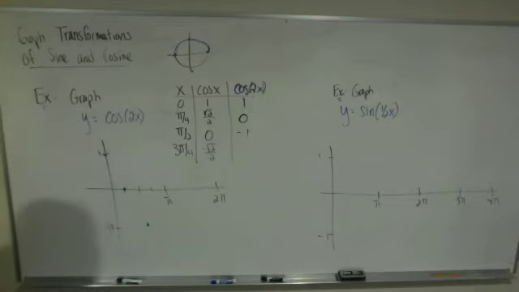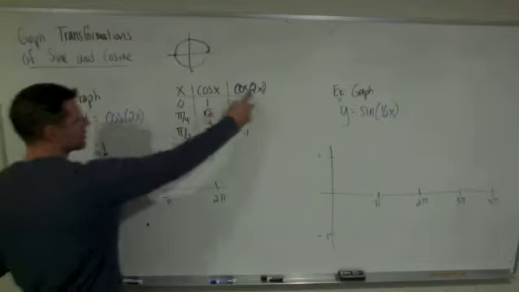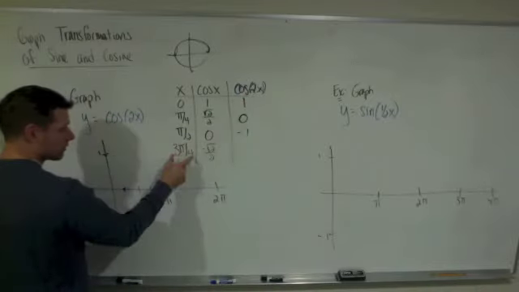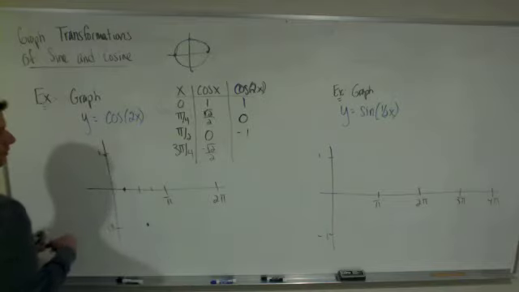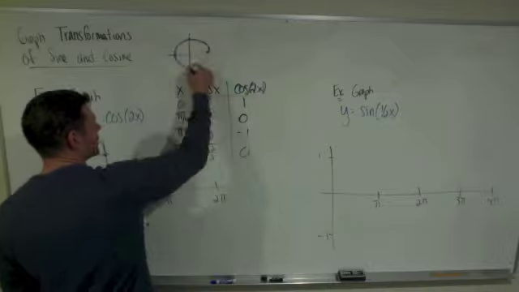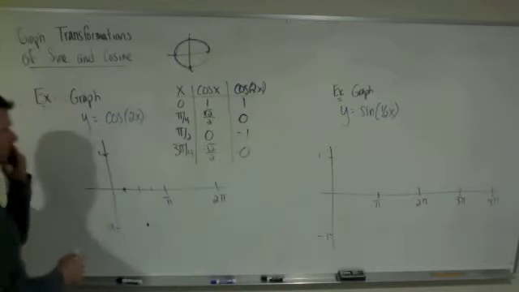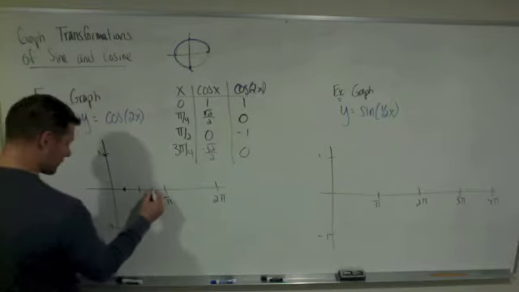But if I do 2 times 3 pi over 4, that is 3 pi over 2. So what's cosine of 3 pi over 2? Well, cosine of 3 pi over 2 is 0 again. We're talking about the terminal point when the t value is 3 pi over 2. What's the x value? Well, it's 0. So now I'm back to here.